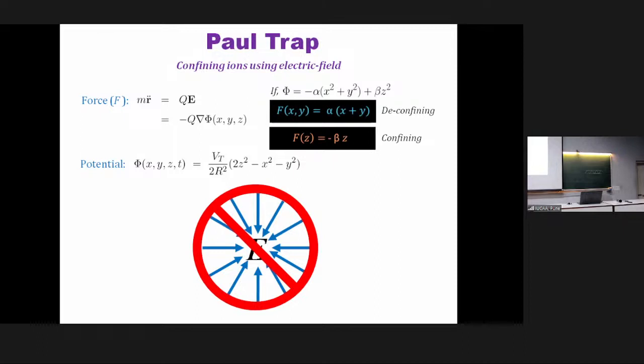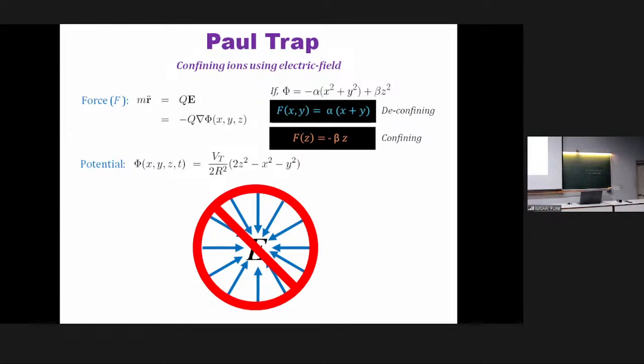So if you take an electrostatic force, it's constant, there is no dynamics in this. You will get a confining force only along maximum two directions. The third direction will be non-confining.